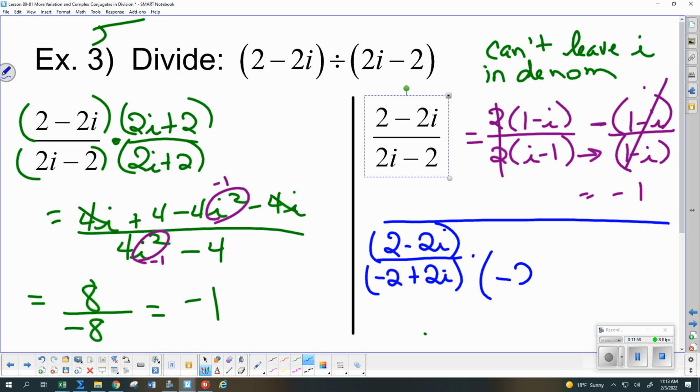I could have multiplied numerator and denominator then by minus 2 minus 2i, changing the sign in the middle. Looks a little different than what I multiplied by, but I would get exactly the same thing if I did it that way. So you've got some choices, which I wanted to point out. So questions from anybody on any of this?